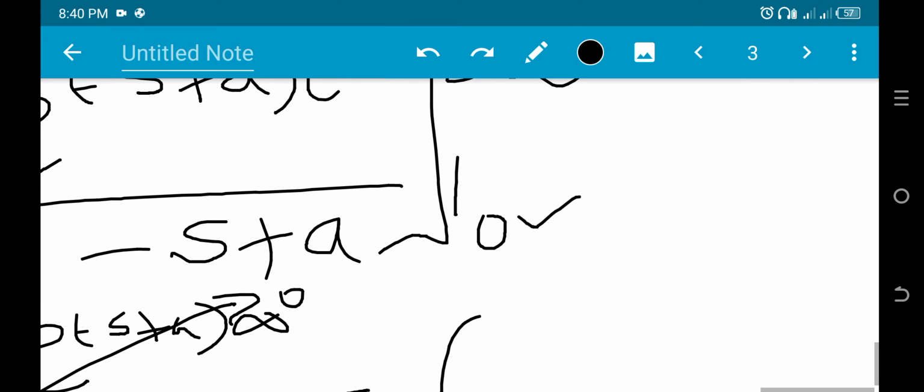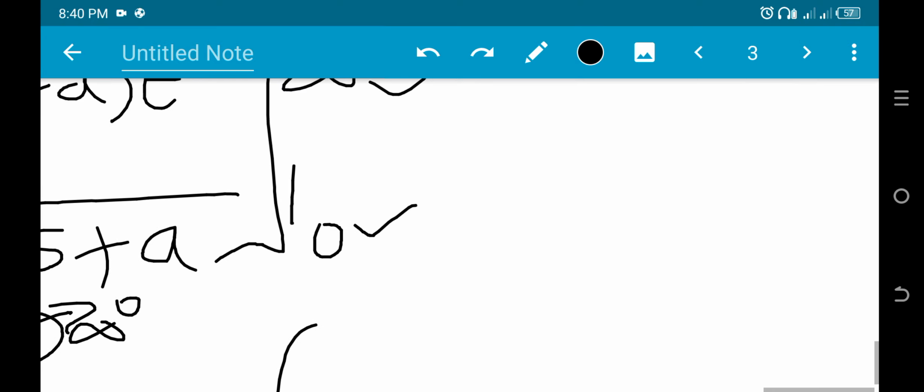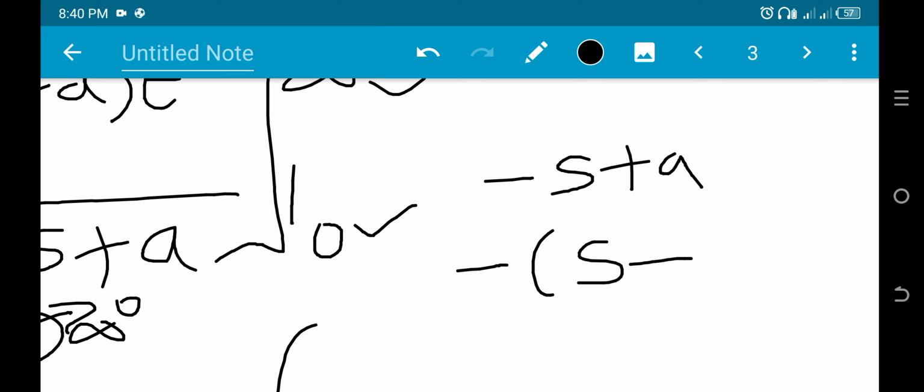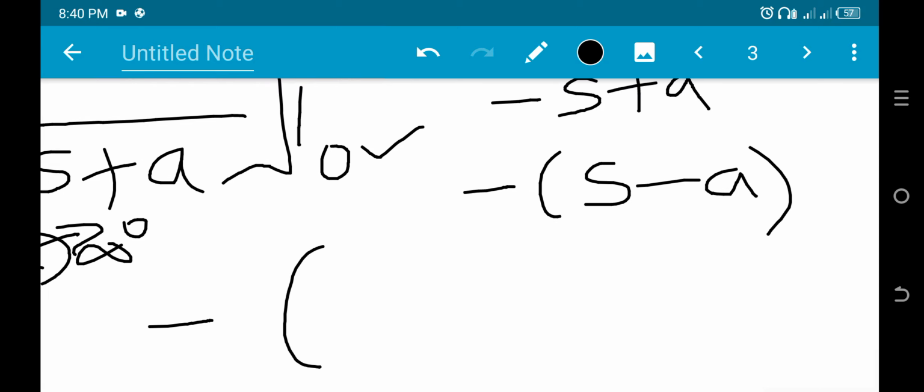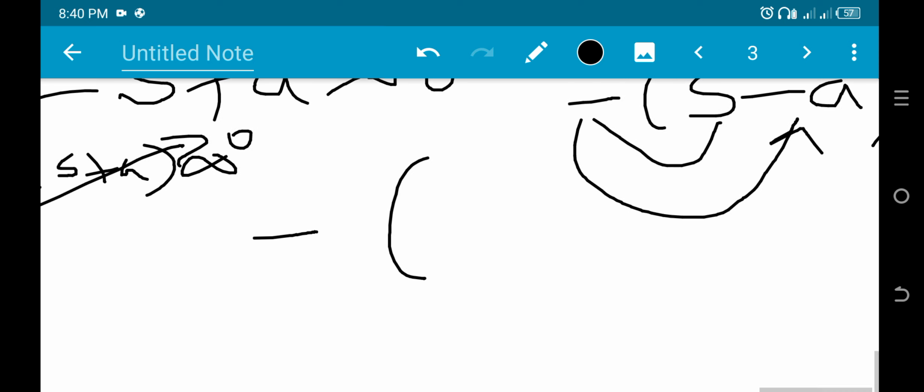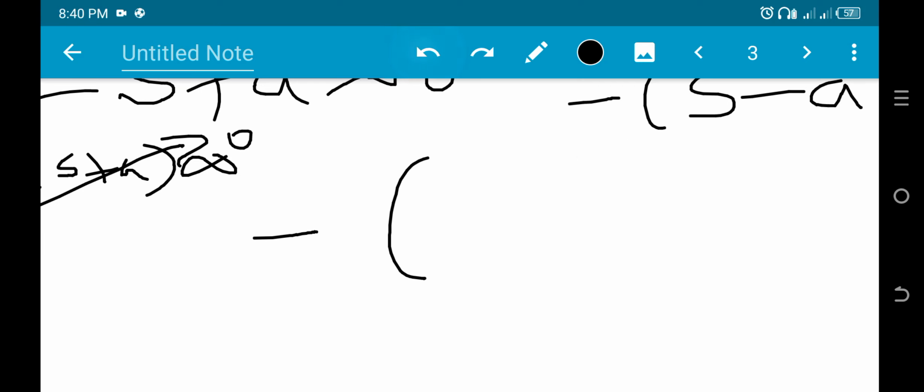When we factor out a negative from negative s plus a, we have s minus a. If I distribute it back, this will be negative s and positive a. I've just factored out the negative to make my work easy, but you can still go the same way.